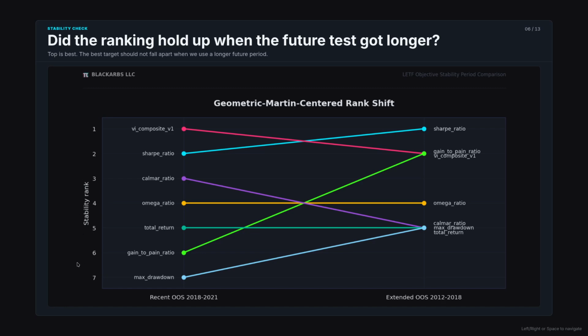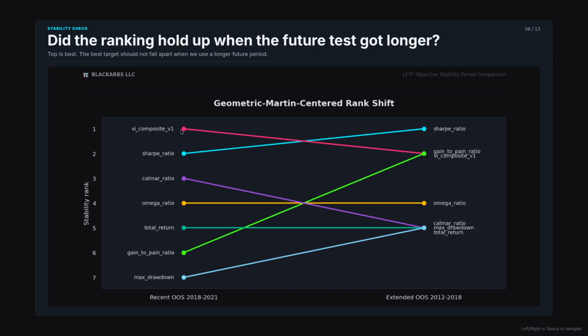So we can see how the rankings changed in terms of the stability metric. This stability metric we'll talk about in a second, but this is the custom ranking that I used to choose which optimizer would be the best to use going forward. By the way, the VI composite is a combination of the Sharpe ratio, the gain to pain ratio, and the omega ratio.